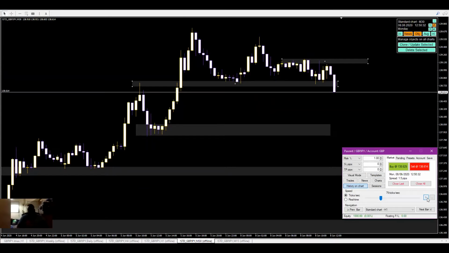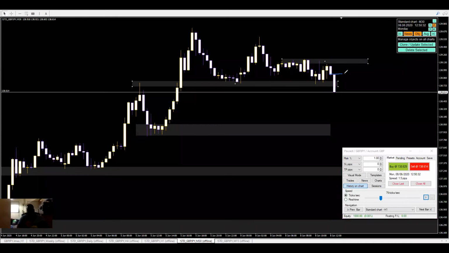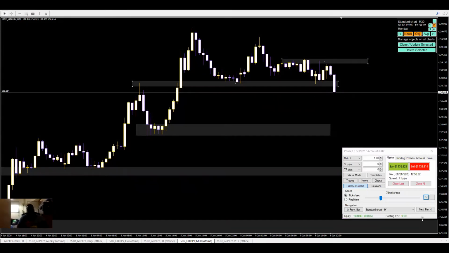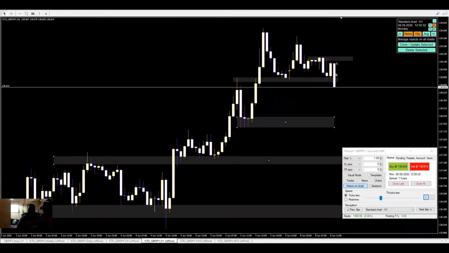Where would my stop be? It would probably be above this candle, but I'm just going to be patient here because I want to wait until this candle closes. Because if we look at the 1 hour, there's only 10 minutes left.